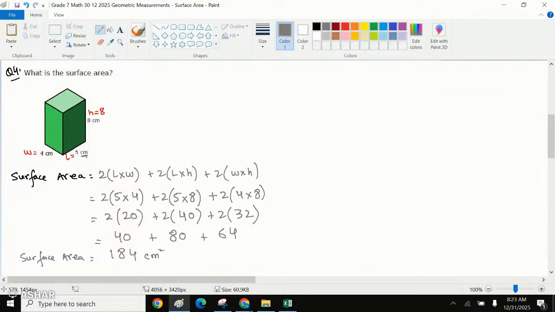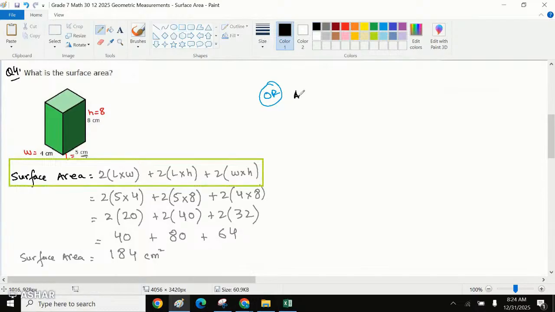You gave me an alternate. Yes, the answer is 184. Your formula is a bit different. What you are doing is simplifying this.